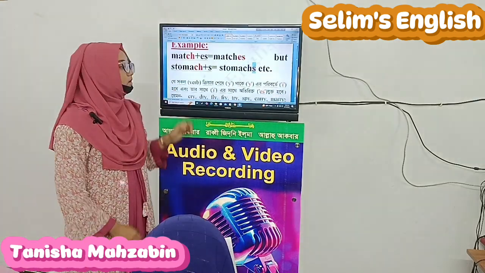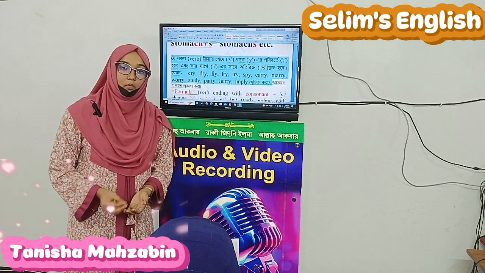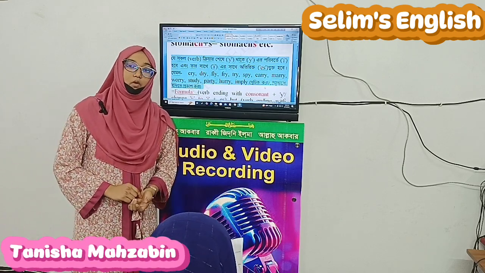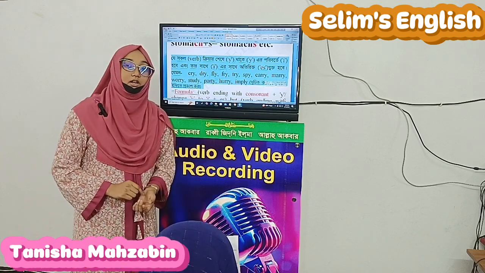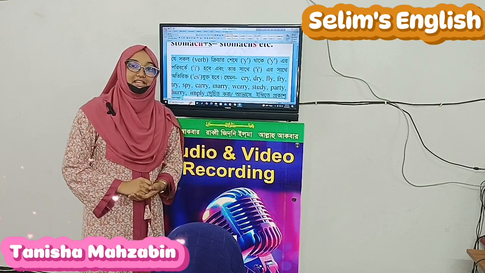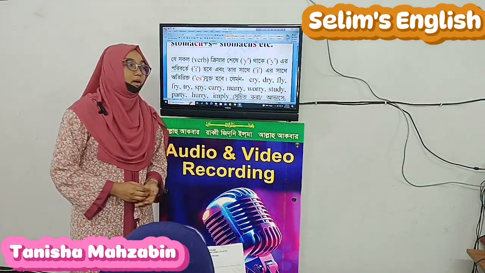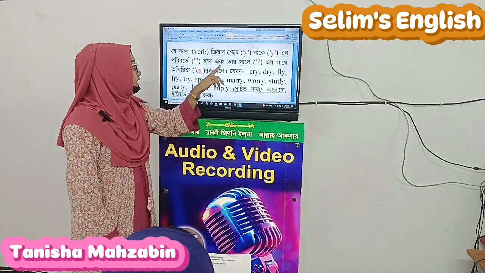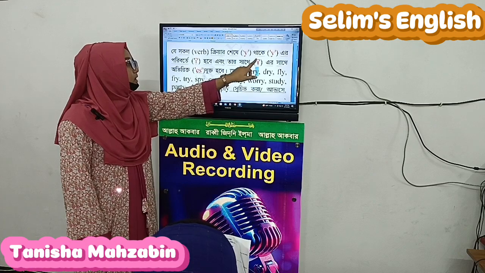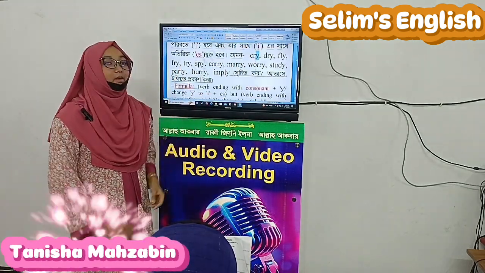So here is also a rule. Here's a Bengali definition you can see. When the last letter of a verb is y, and the letter before y is a consonant, we have to change y to i and add es. This is the rule for consonants. I'm repeating: when we see the last letter of the verb is y, and the letter before y is a consonant, we change y to i and then add es.